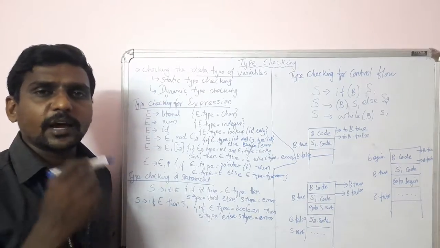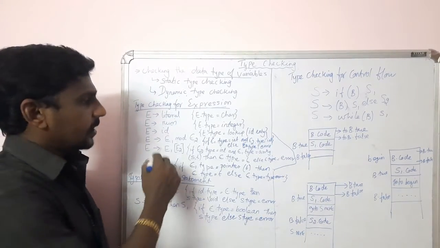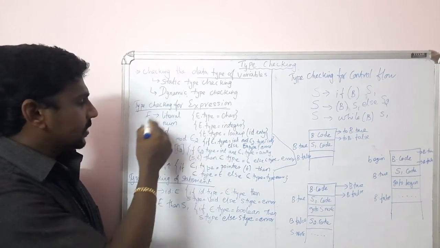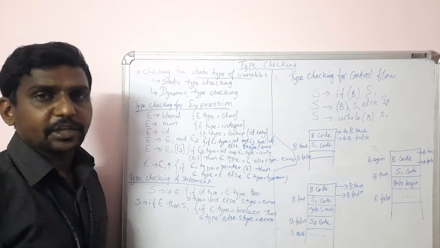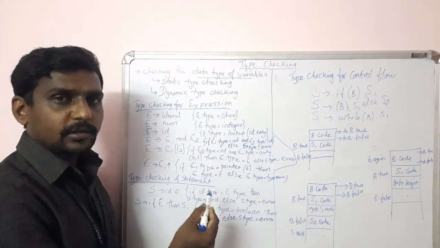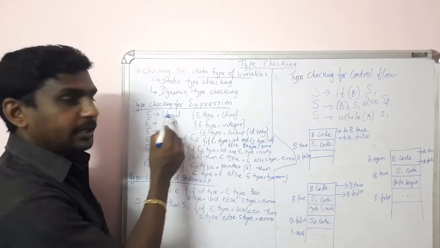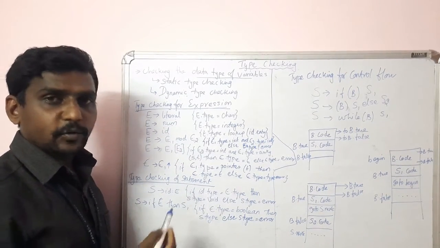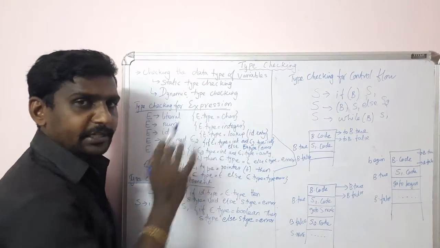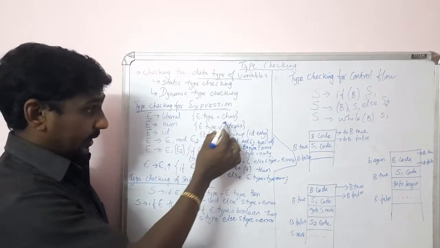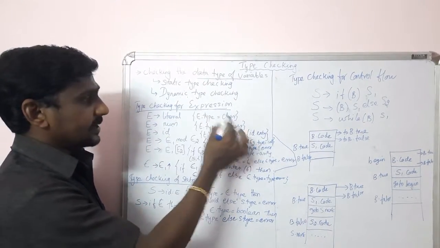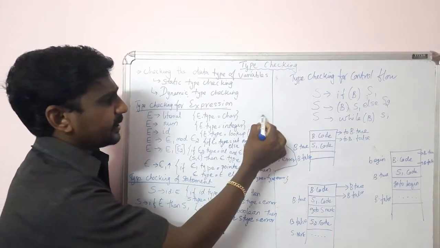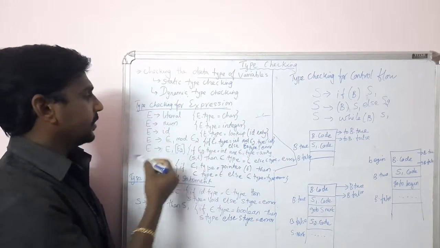Every expression has some type rule, or semantic rule. For example, E tends to literal. We explain this as a semantic rule: E dot type equal to character, since it is a literal. Literals mean any string, that is a character.